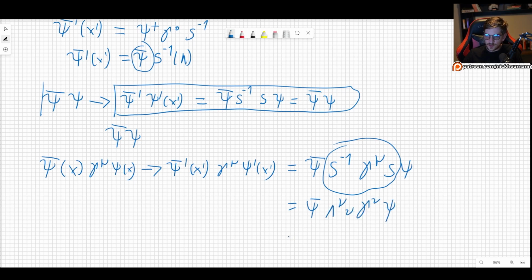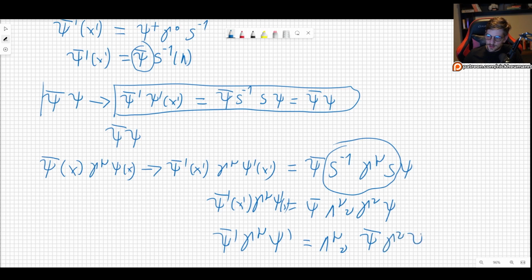All right, so we can see that psi, with all the primes, gamma mu psi prime, this is simply going to be, well, let's eliminate the dependence, I'm a little bit annoyed, so psi prime. So everything there is primed. And on the right-hand side, we have lambda mu nu, which we can put to the front, psi Hermitian adjoint gamma nu psi.